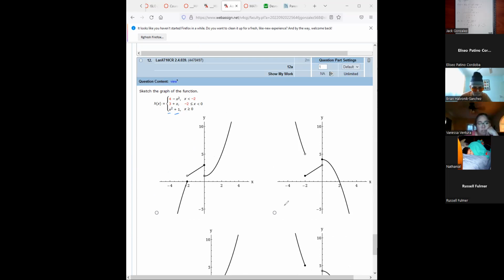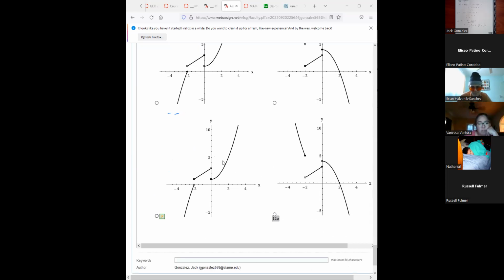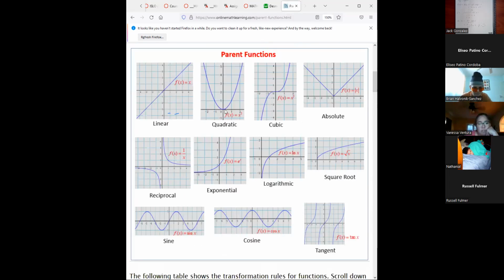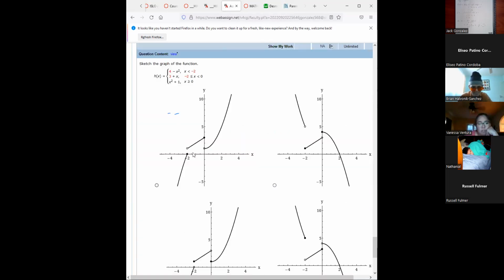If you look at your graph here, this is the normal parabola over here. It looks like this. So in this particular homework, we have to find that piece, but they cut it off after 0, so it doesn't have both shapes. So for this homework, you can just cross out things that don't make sense.